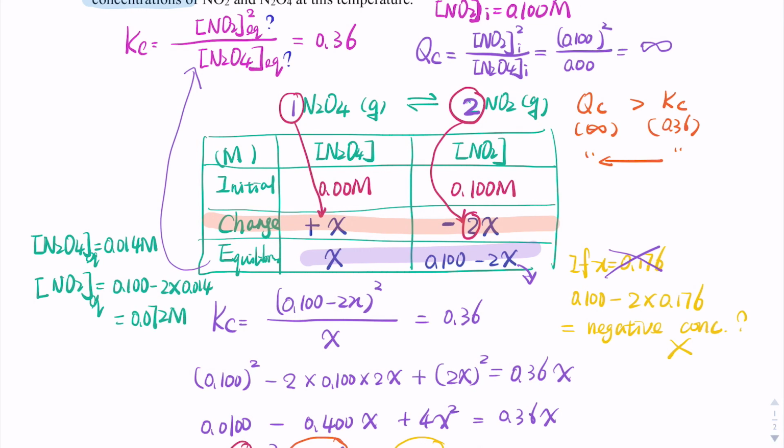So these are the concentrations at equilibrium for our question, and this is your answer.